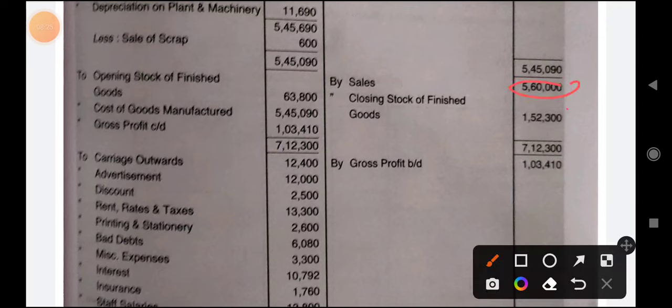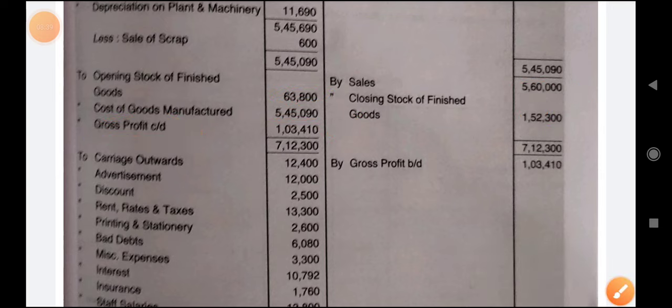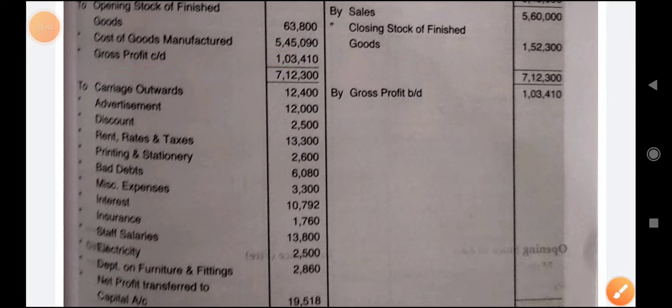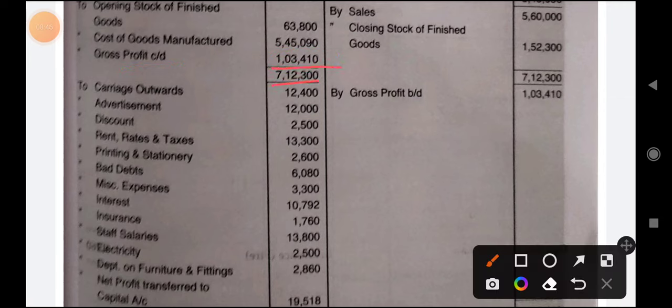So sales plus closing stock minus opening stock of finished goods minus cost of goods manufactured will give us gross profit 1,03,450. So gross profit carried down will be 1,03,450. Here ends the trading account.